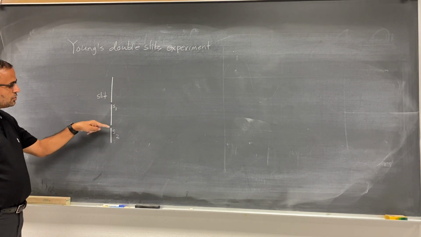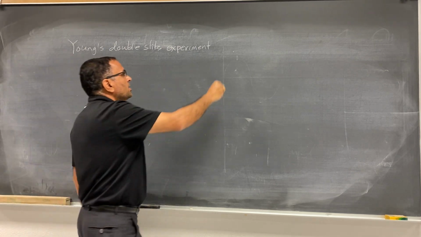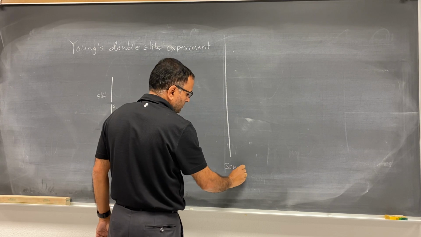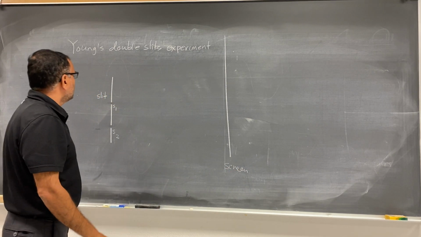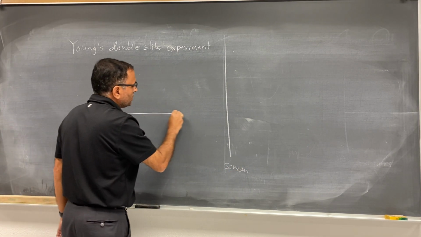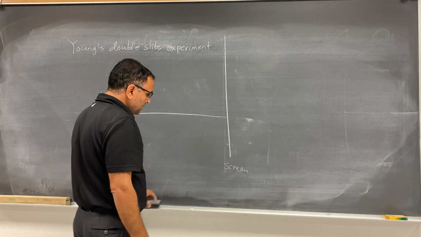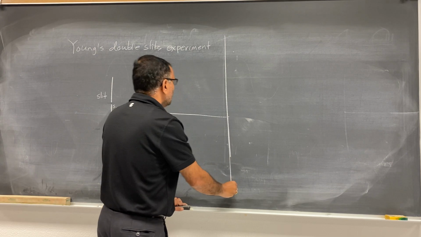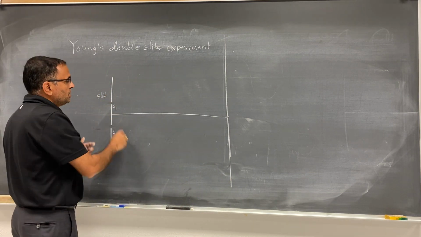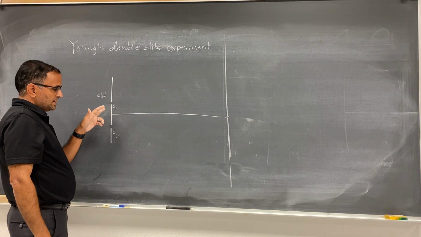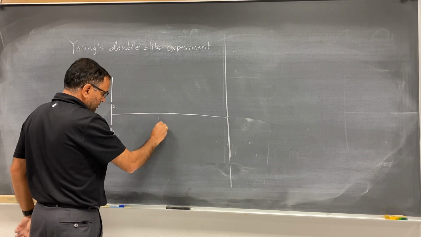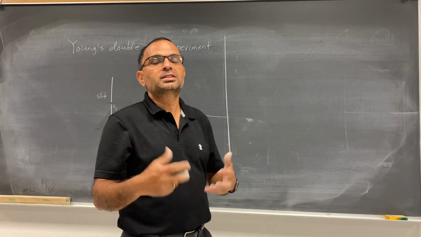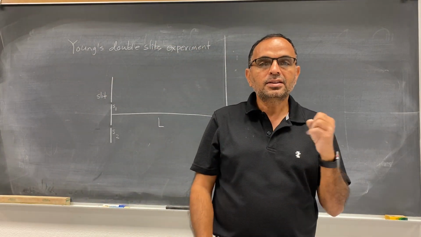You have two openings, and somewhere there you have a screen. This point is the center of the screen. Let us suppose the distance between the slits and the screen is L. To observe the interference pattern, there is some condition.